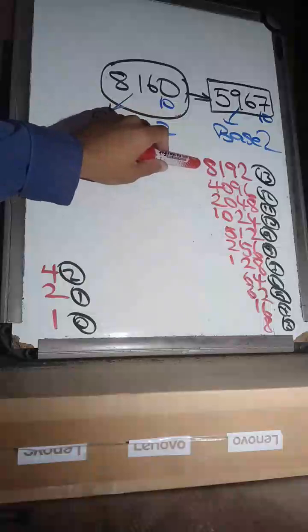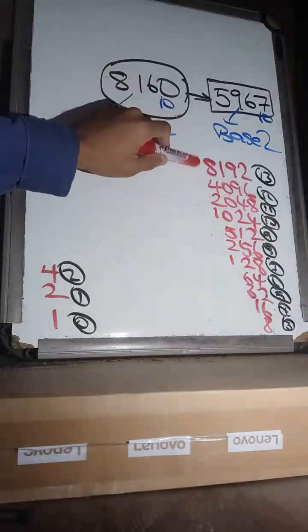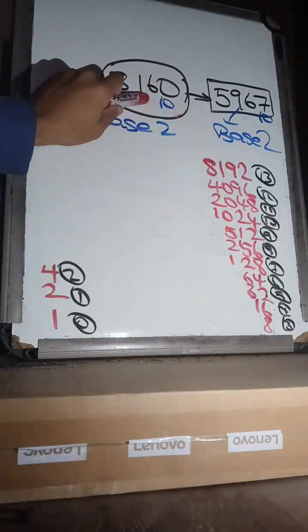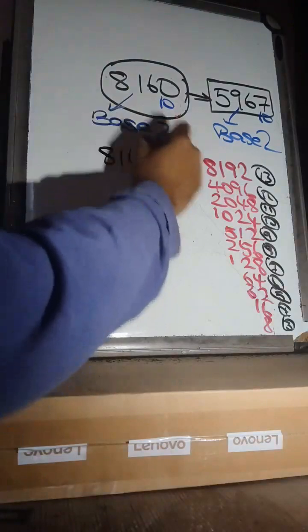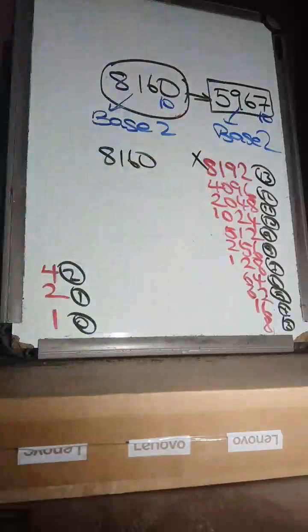Okay. Now, as ridiculous as this is, if we're comparing this to this, 8192 is bigger. It's bigger than 8160, right? Bigger than this. So we can't use that. And it's only zeros and ones we have.